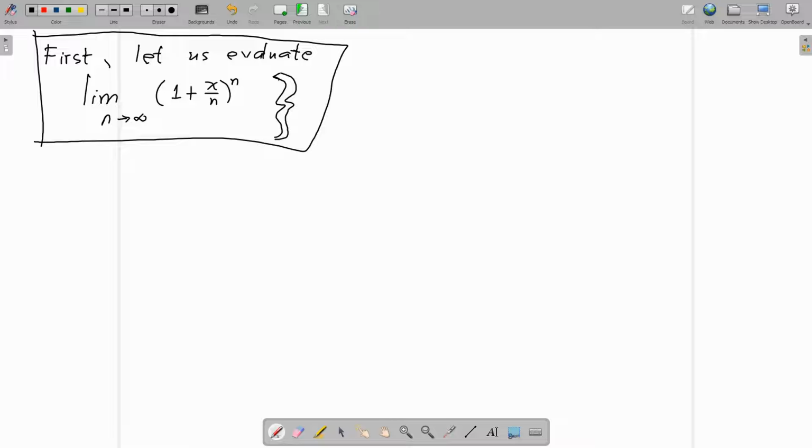Okay, so let us first write our expression (1 + x/n)^n. Now this is simply equal to e raised to the natural logarithm of (1 + x/n)^n.